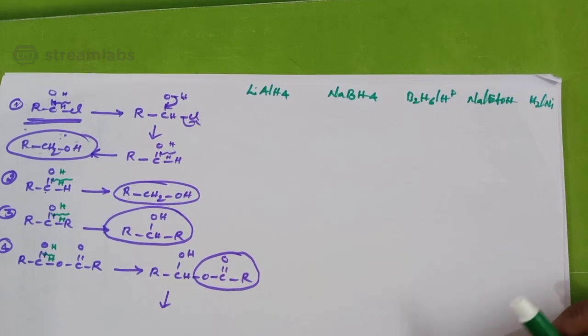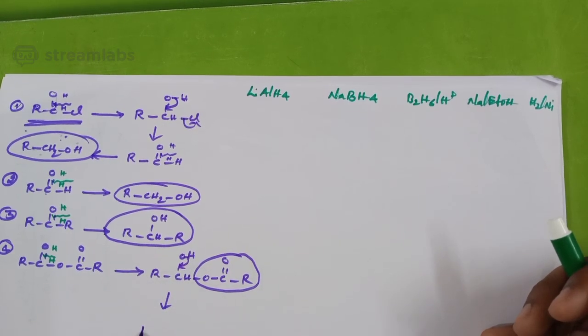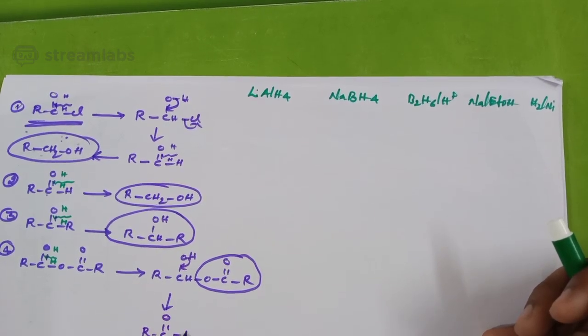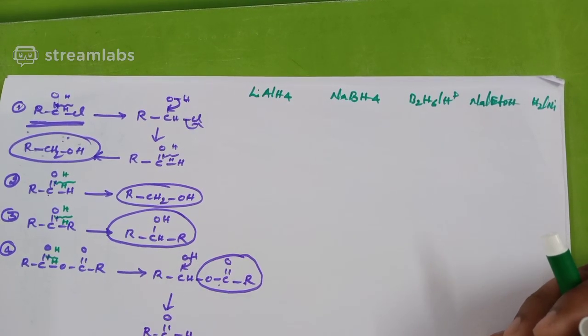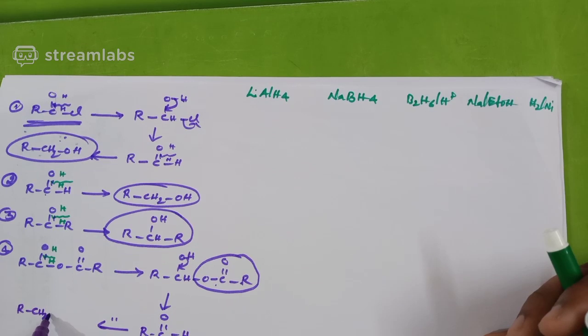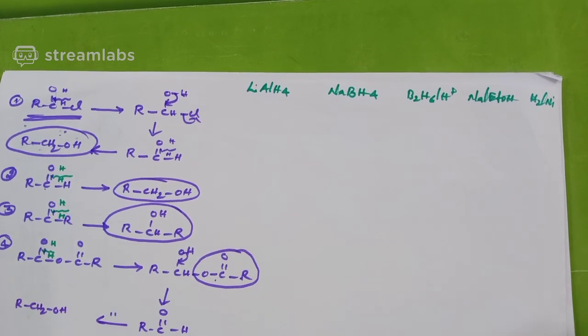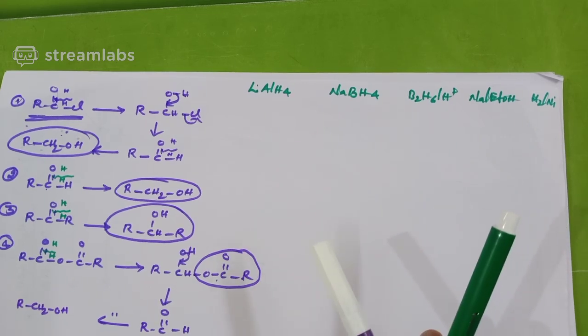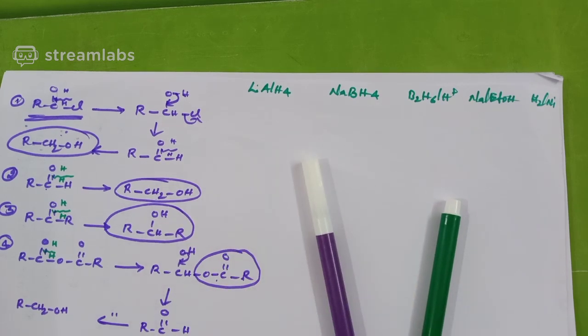So based on that, when the carbon has two OH groups, this group is removed and hydrogen also removed, and finally we will get RCOH. We'll get aldehyde because RCOOH is removed and it gives RCOH aldehyde. This aldehyde involved in reduction again gives RCH2OH, and finally we will get alcohol.